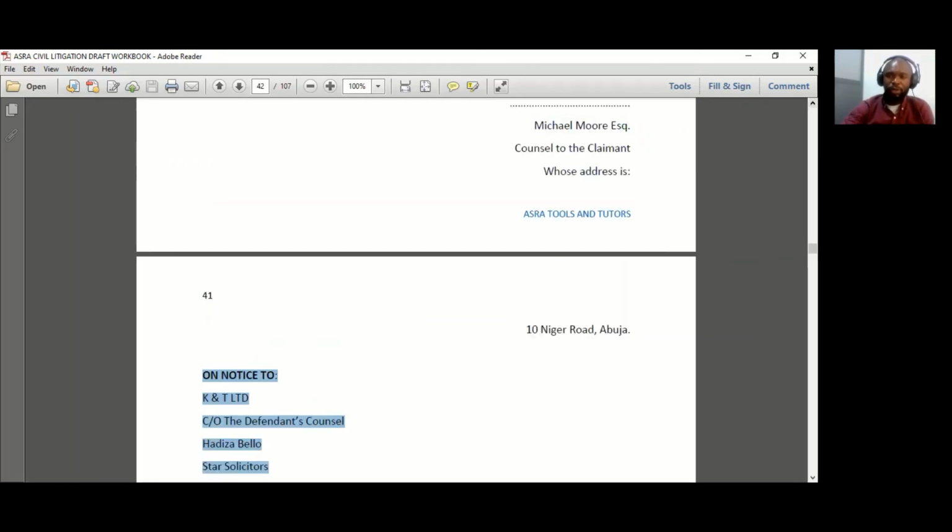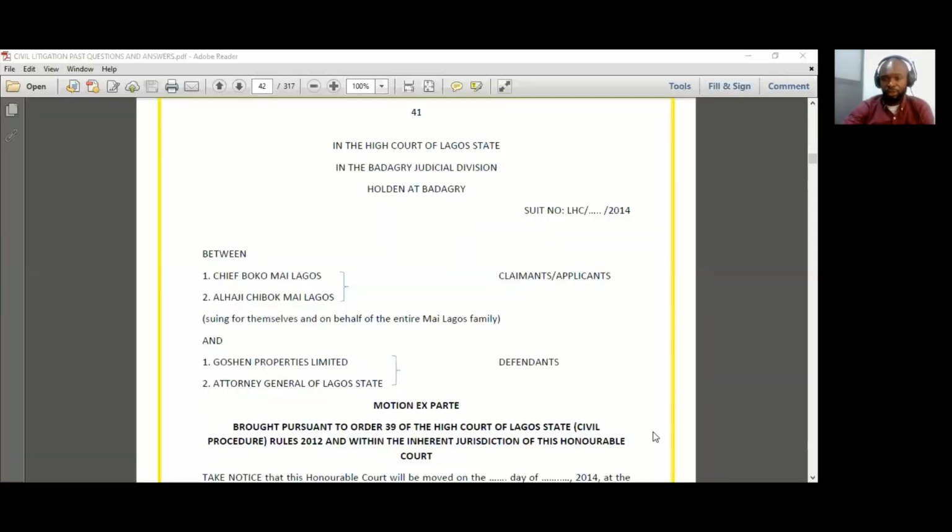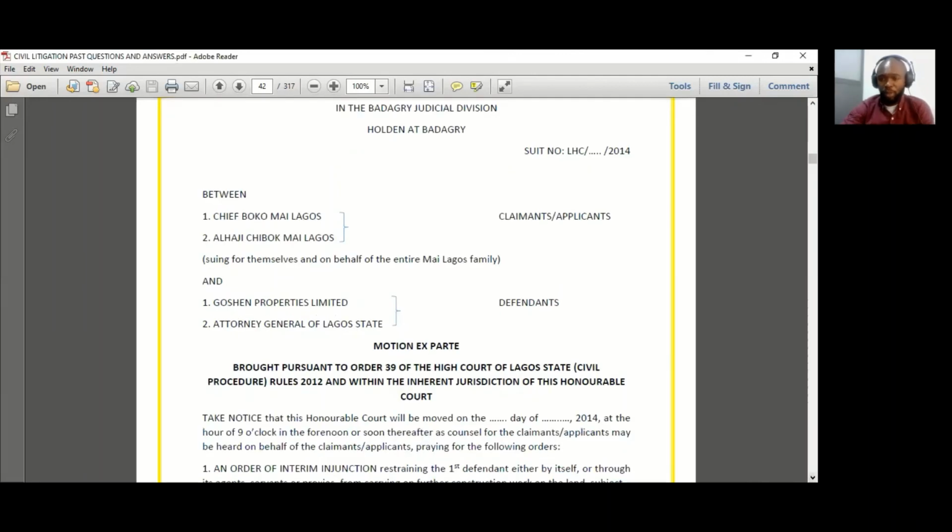Let me show you something quickly. The motion ex parte, as you can see being shared on the screen now, you won't have a respondent. You would only have one party being an applicant. Here we have the claimants as the applicants. The defendants here are not respondents, because you should remember that the motion ex parte is simply between the applicant and the court.